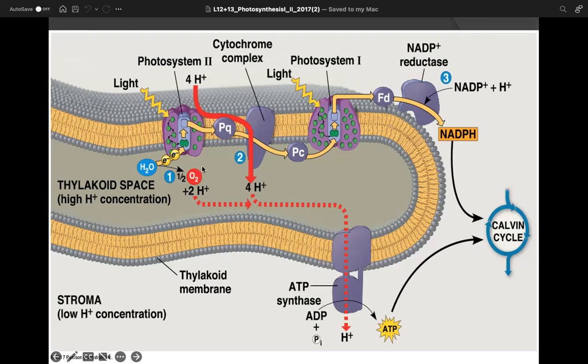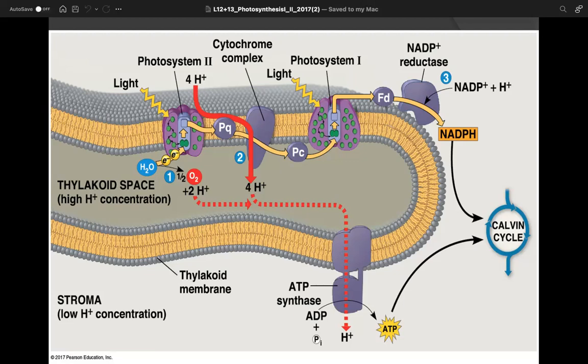If we're following our little electron, he came off this primary electron acceptor, and he's going to travel from photosystem 2 to photosystem 1 via an electron transport chain.